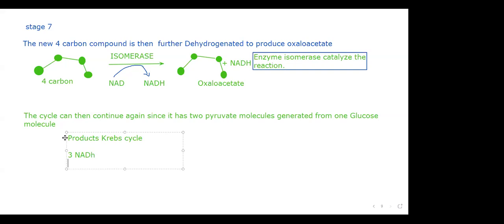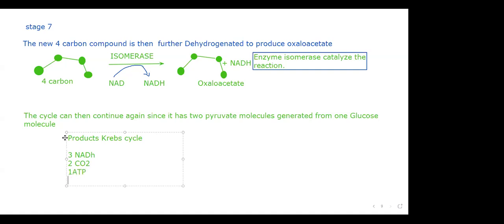How many carbon dioxides? 2. How many ATP?